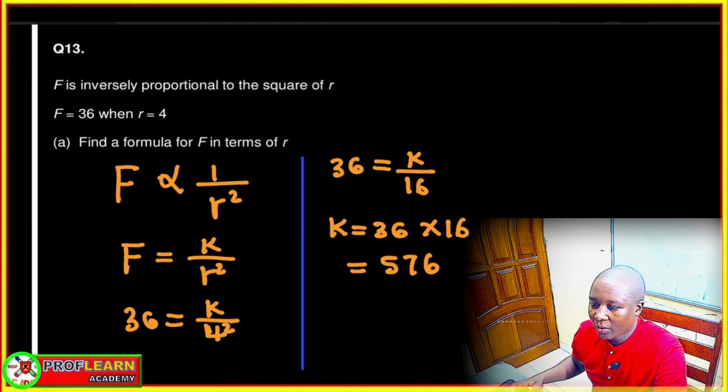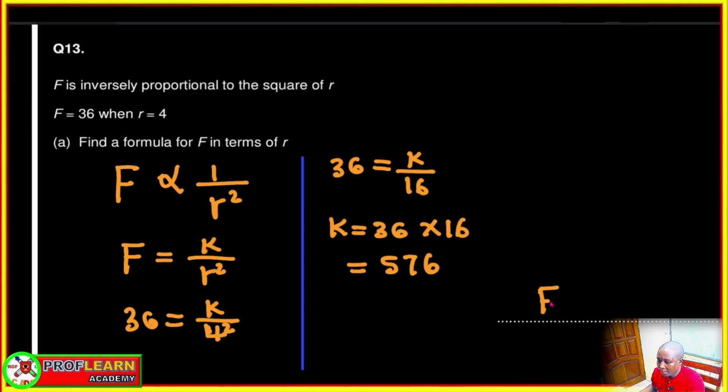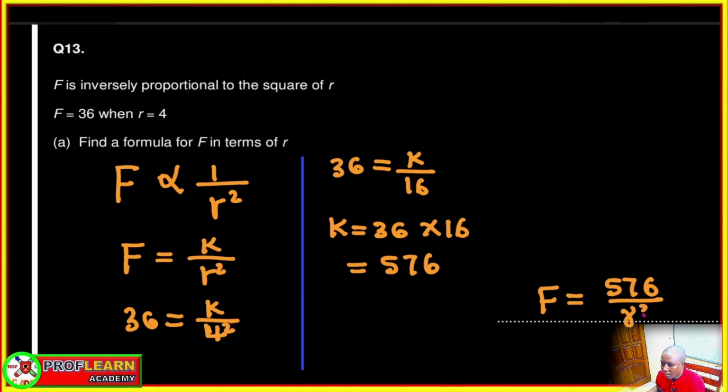So that we can now write what the formula is supposed to be: f equals 576 over r squared.